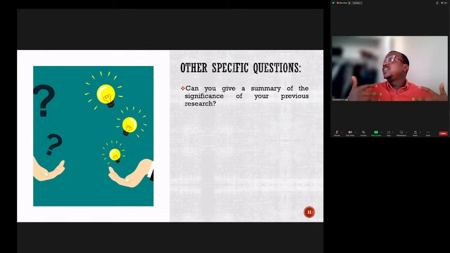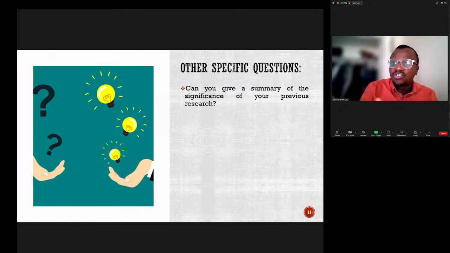So they can ask you, can you give a summary of the significance of your previous research? Maybe you stated a particular research that you did, maybe a master's research or a bachelor's research. They might ask you, what is the significance of that research? How do you explain that?